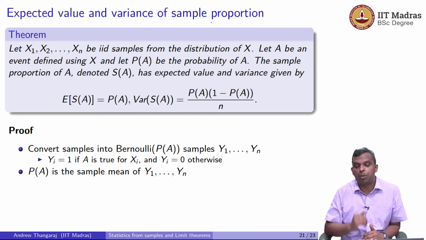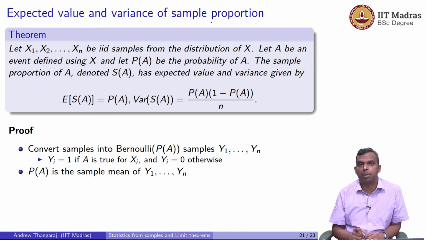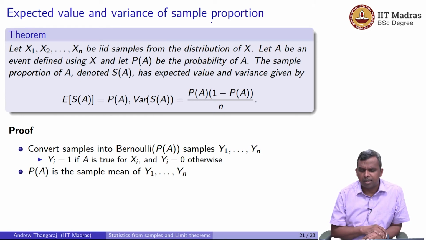The sample proportion S of A is a random variable. Its expected value and variance are given by these two expressions here. The expected value of the sample proportion equals the probability of A. The variance of the sample proportion is probability of A times 1 minus probability of A, divided by n. Notice how this works out.